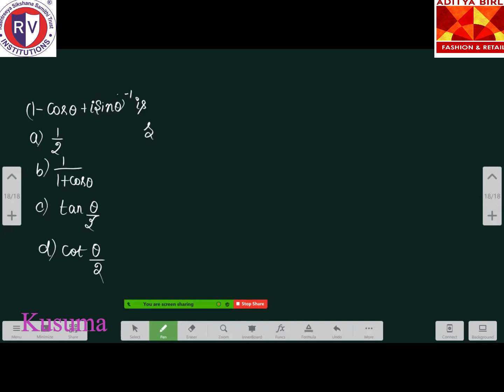So it is given that (1 minus cos theta plus i sin theta) inverse, which is nothing but 1 by 1 minus cos theta plus i sin theta. Because the inverse of the entire thing is there, we can write it like this. Now let us rationalize this.